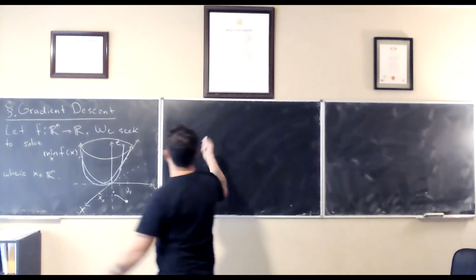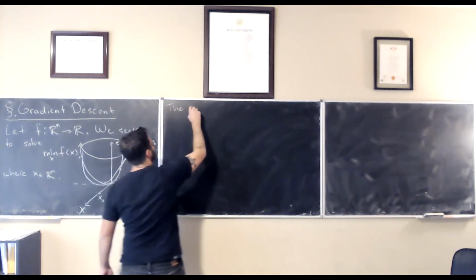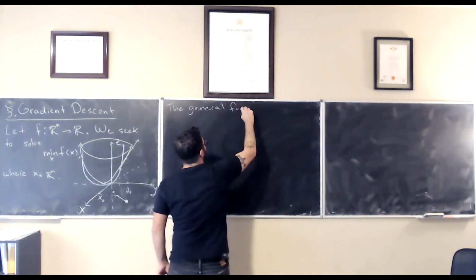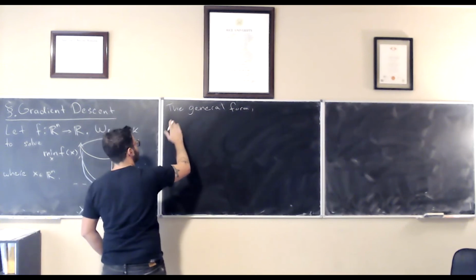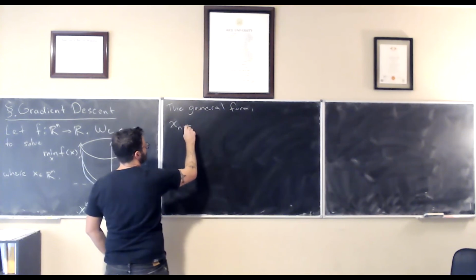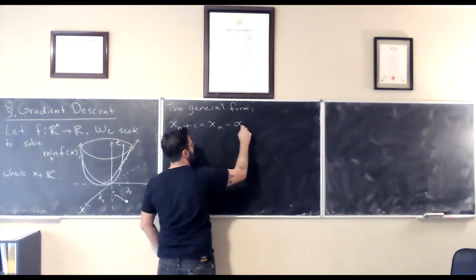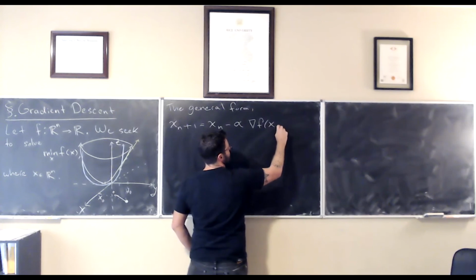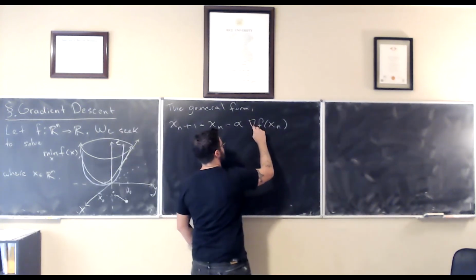So in general, we just have the general form: your new vector equals old vector minus alpha times the gradient of your old vector. And that's what we just arrived at.